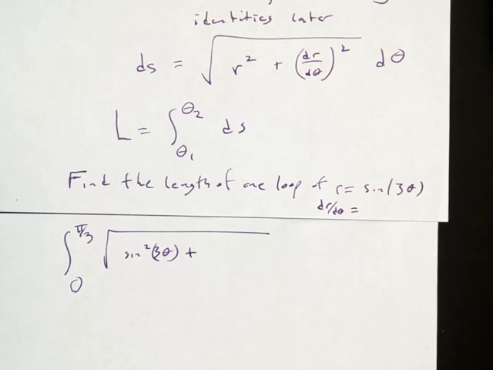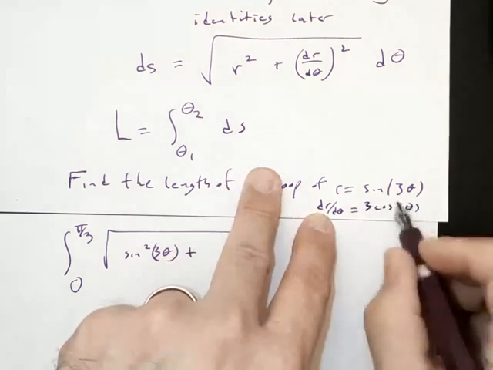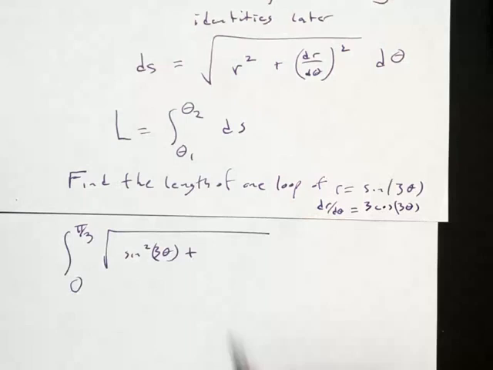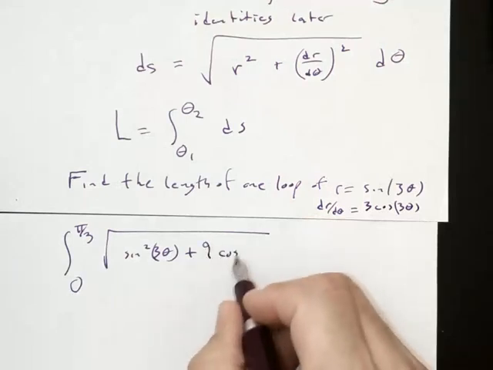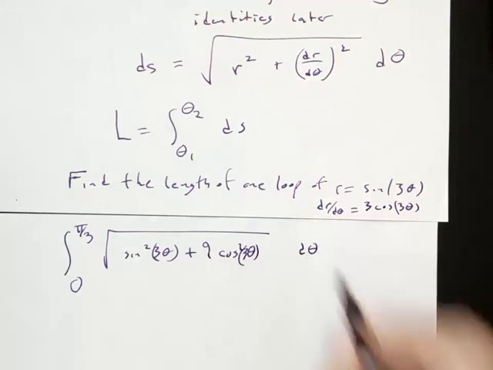Aha! Chain rule. And then when I square that, I'm going to get 9 cosine squared 3 theta.